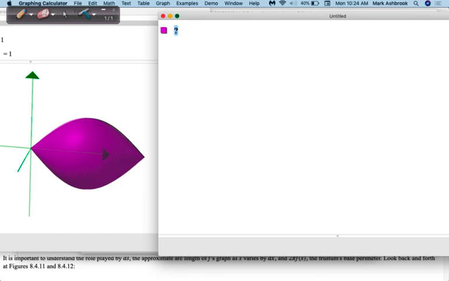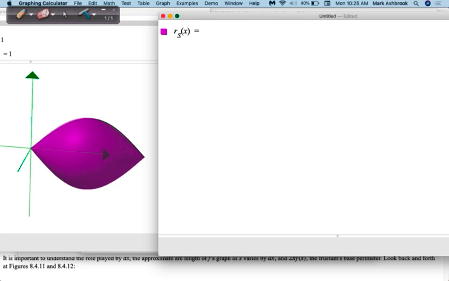So the rate of change function of surface area. Okay. So we'll do r sub capital S of x equals? What would it be?